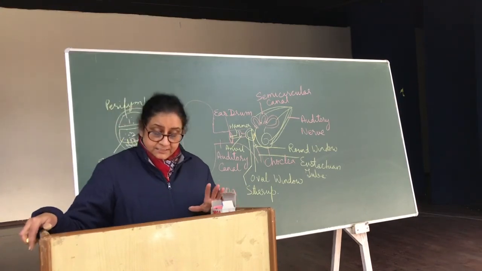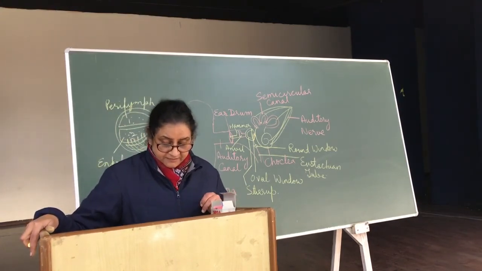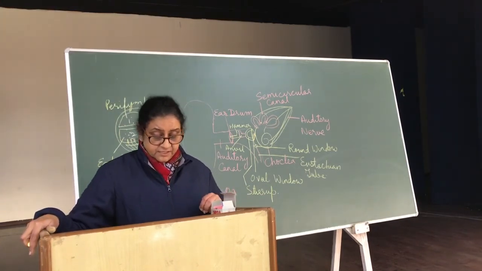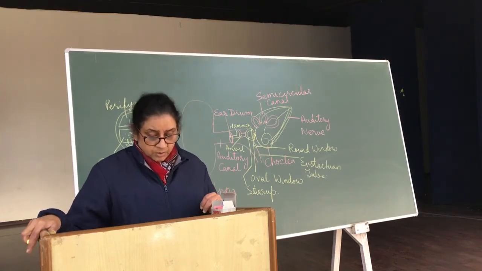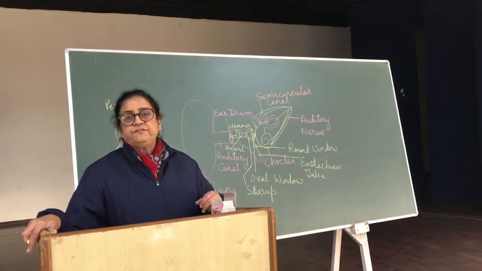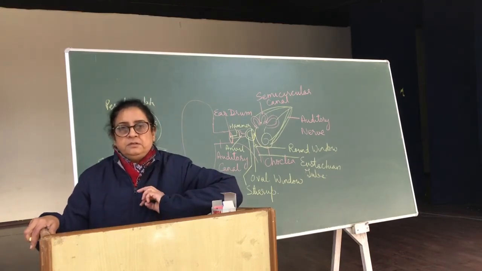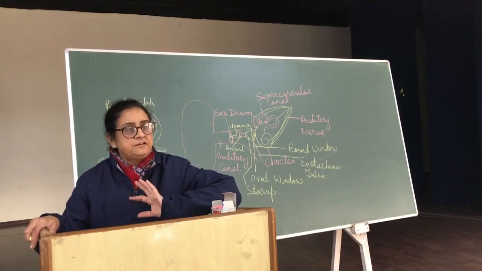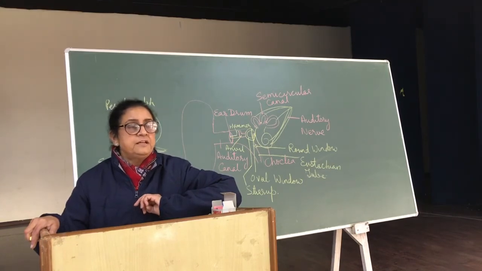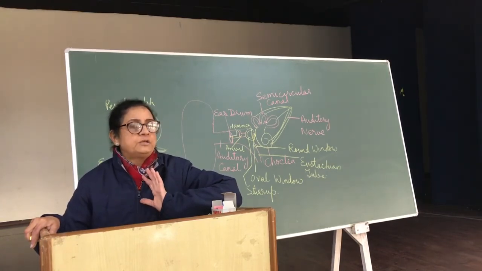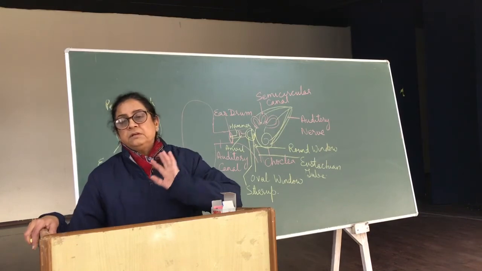And the middle canal contains areas possessing sensory cells, the spiral organ called the organ of Corti, for hearing. See, if you are asked which part of the ear is responsible for hearing, it is the organ of Corti. Don't say cochlea.